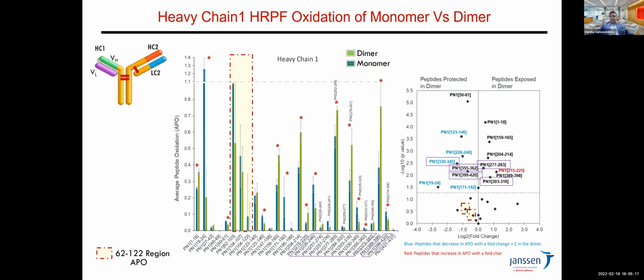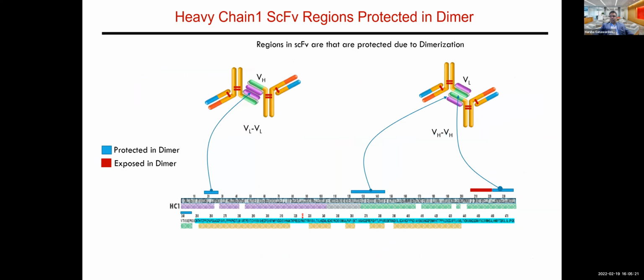So we can now use all this information and do paratope mapping of the protected and exposed regions of the dimer as shown in this cartoon. And as shown in the region, there are SCFE domains that may be involved in direct interactions.